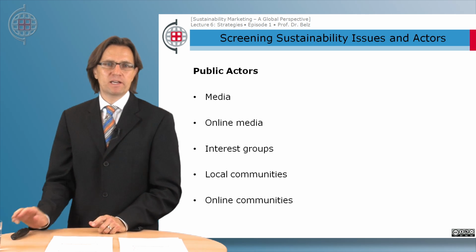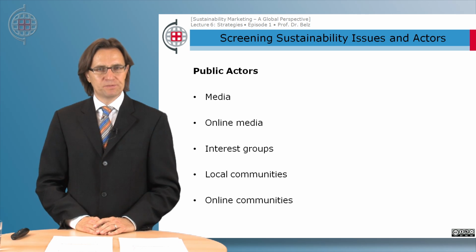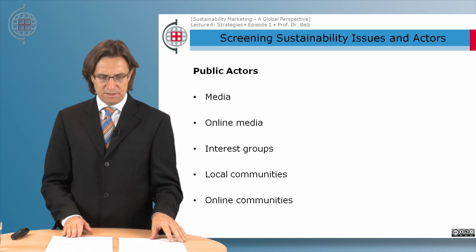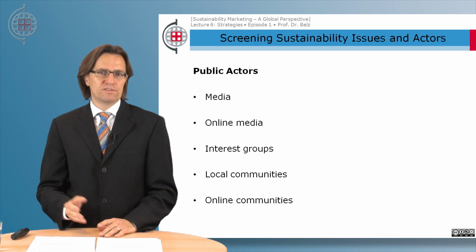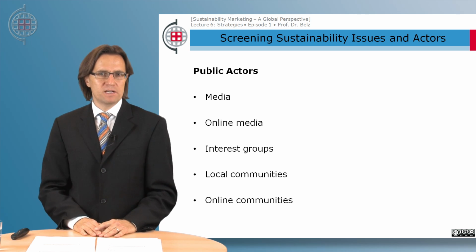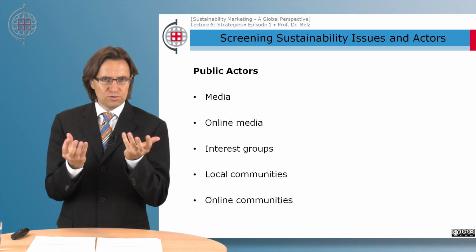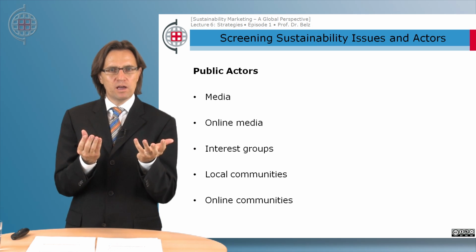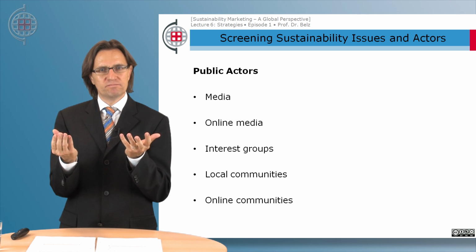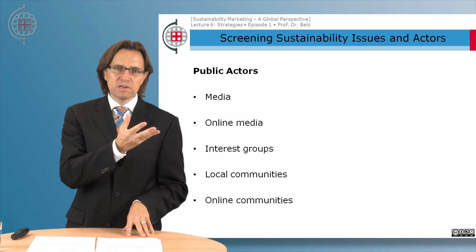So do the public actors, including the media, especially the mass media like television, print media, and radio. But also, ever since the turn of the century, online media has become really important. And there's a two-sided relationship between media, online media on the one hand, and business on the other. On the one hand, media criticizes business.